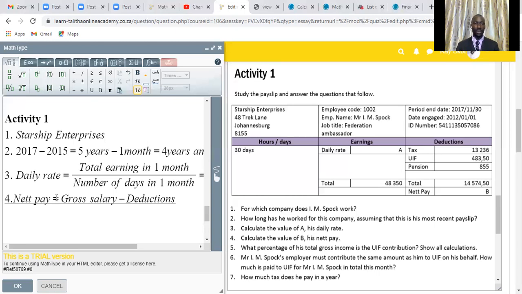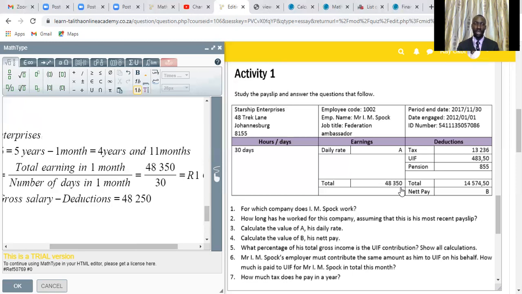So how is this going to be? Well, the gross salary indicated in this payslip is 48,350. So we write it down, 48,350. Now from this amount of money, we are supposed to take away the deductions. And what is the deduction? The total of the deduction is 14,000 and what?